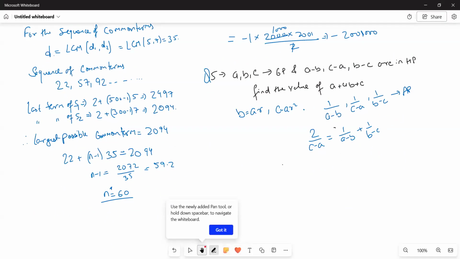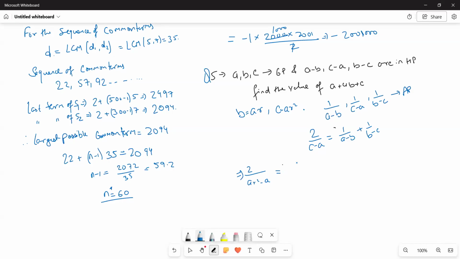अब यहाँ पे सारा वैल्यू प्लग इन कर दो. So this is 2 by C, हो गया AR square minus A, must be equal to 1 by A minus AR plus 1 by AR minus AR square.